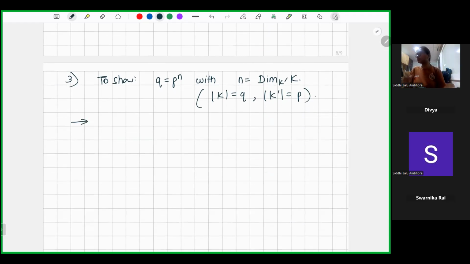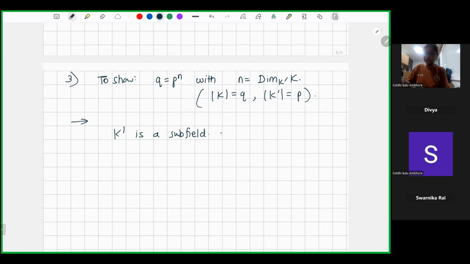Since K' is a subfield, K' is a field as well. Every subfield is a field to start with, so K' is a field in itself.